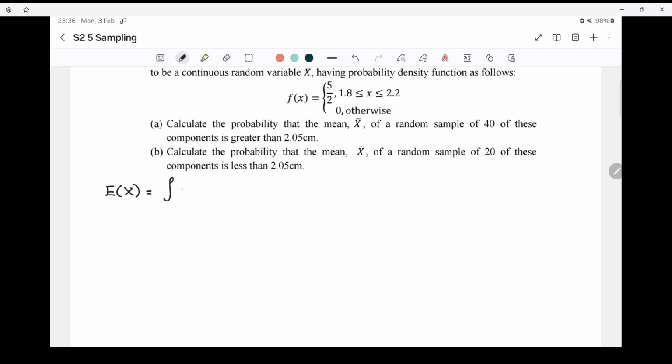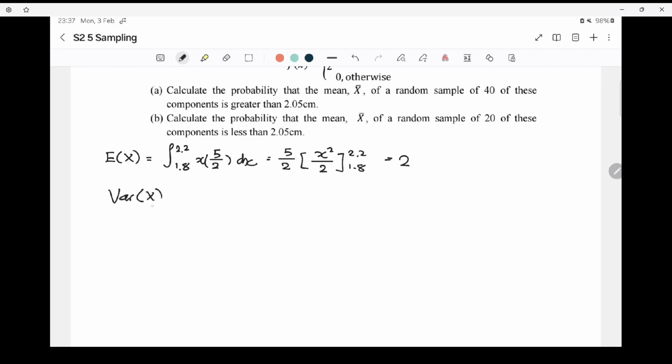So to do that, basically you just integrate from 1.8 to 2.2 x multiplied with your probability density function, and then integrate as dx. So this is basically 5 over 2 times x squared over 2, and then 2.2 to 1.8. So you evaluate this, you find that this is equal to 2.